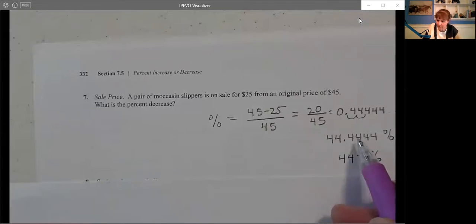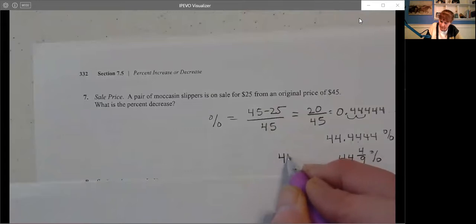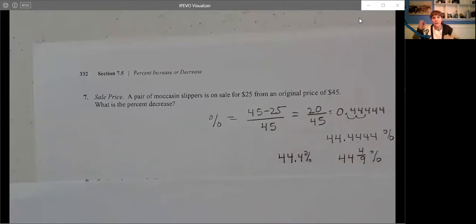It's less than 5, so we'll leave the 4 alone. And if you're not really sure how they want you to write it, view the example. Go to help, view an example, and go down to the end, and they'll write it like they want you to write your answer. Sometimes that helps too, if you need that.